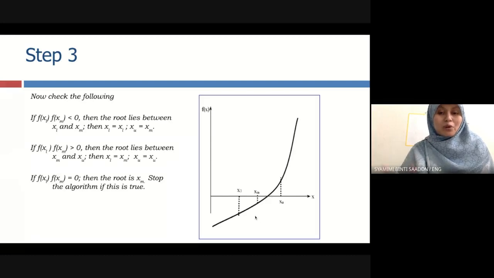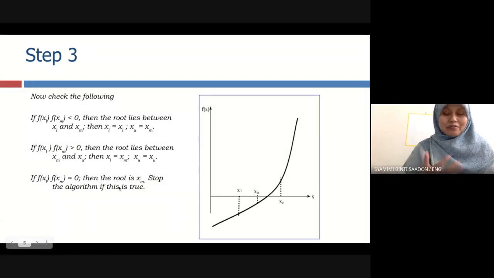Then we continue the next loop to search for the correct solution, this value that we want. Otherwise, another condition is if f(XL) multiplied with f(XM) equals 0. What does it mean? This means that the root is XM, that we have found the root.